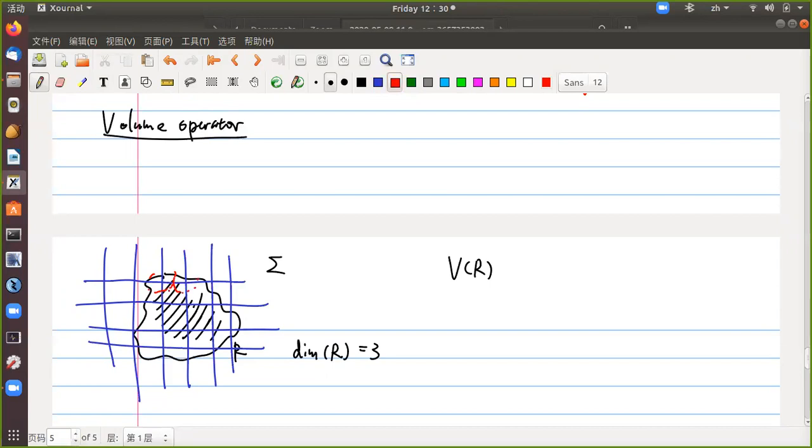You can distribute this volume at each vertex, and the discretization is that you consider a box at each vertex, for all the vertices inside this region.